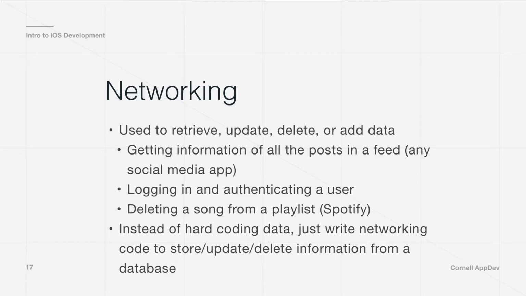The second one is an example of a POST request, and then deleting a song from a playlist would be an example of a DELETE request. And basically, we use this because we want data to persist on the internet instead of just locally on our phone. So then we can store stuff in a database on the cloud and get information that way.